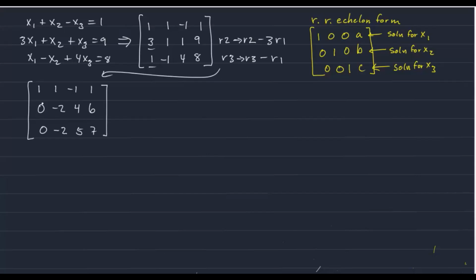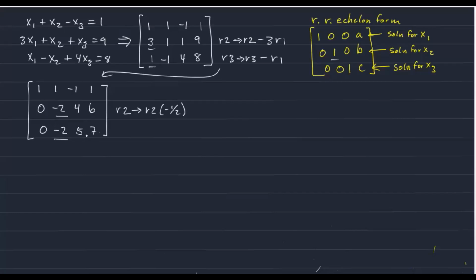Okay, so we've made the bottom 2 entries of column 1 zeros, and now we need to get this lead 1. Let's divide row 2 by minus 1/2, or multiply by minus 1/2. And let's make this a 0.